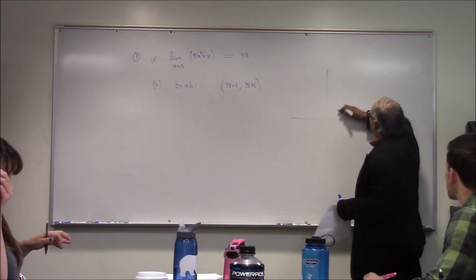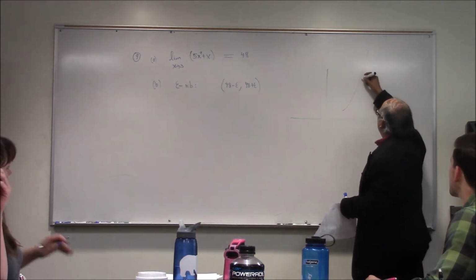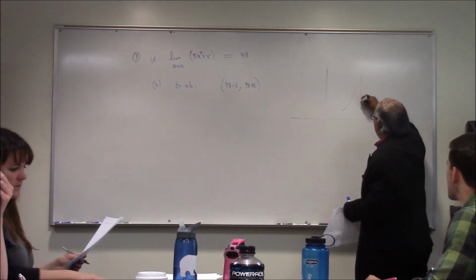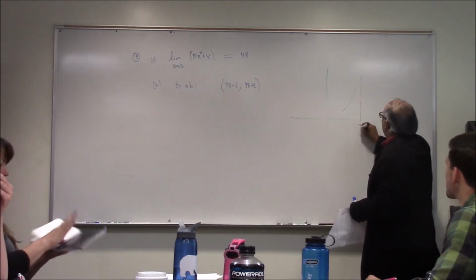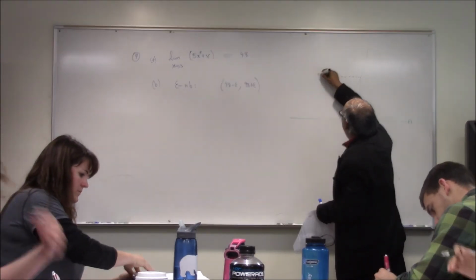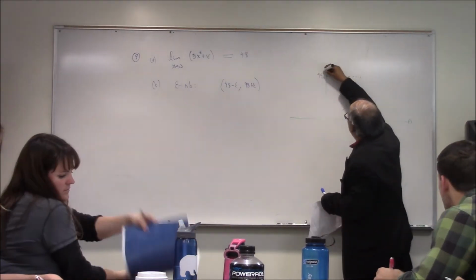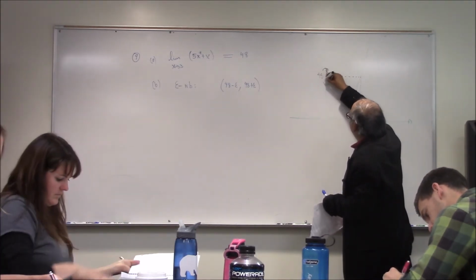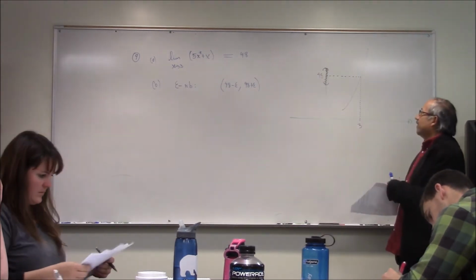I'm just telling you this to illustrate. So this point is 3, and this point is 48. The epsilon neighborhood lives right here. We just did this part. You see what I mean, guys?